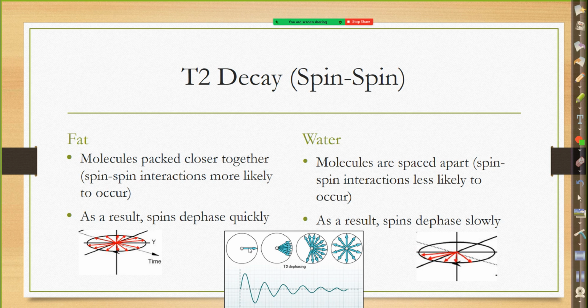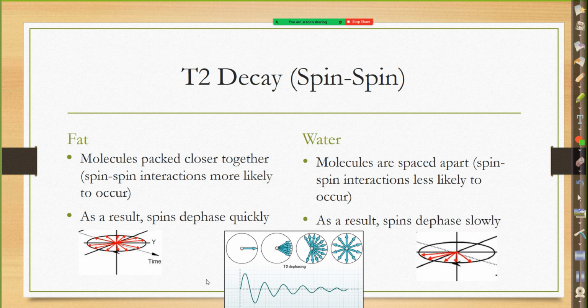So imagine all those little vectors are in phase. That's what's showing here. But then as they interact with their neighbor, they dephase, meaning they start to fan out. You'll see these images in the book, and this is what they mean. All these little vectors are fanning out and dephasing. You had good signal when they are in phase with each other, but as they start to fan out, it rapidly declines.